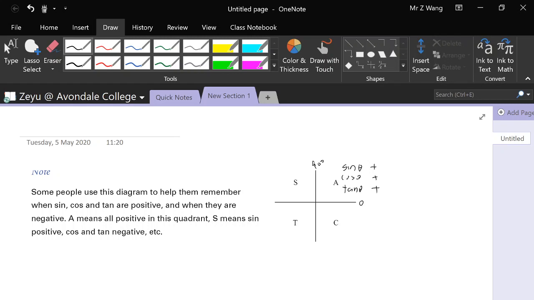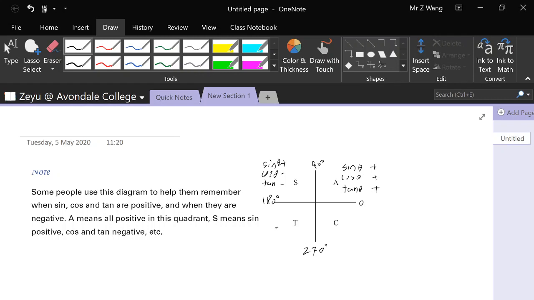S means sine positive. So in the second quadrant, from 90 degrees to 180 degrees, only sine is positive. So that means sine positive, cosine negative, tangent negative. T means only tangent is positive between 180 and 270.